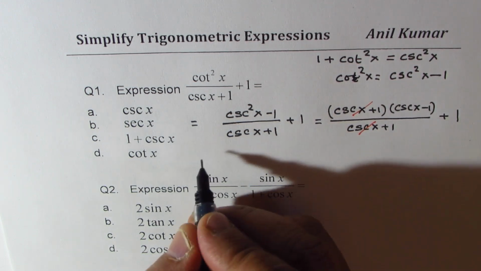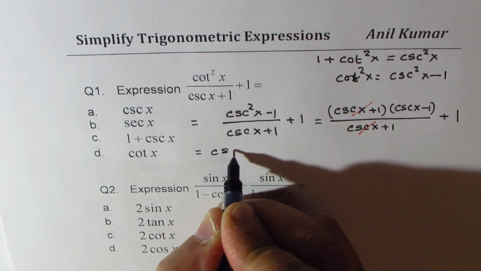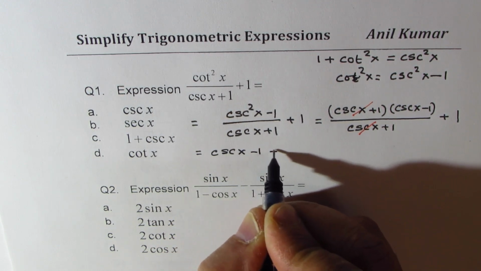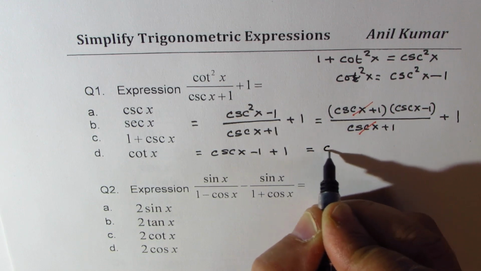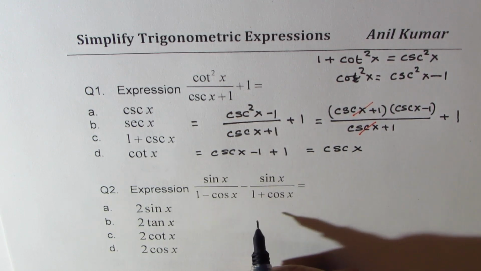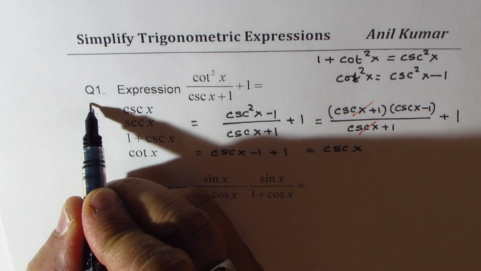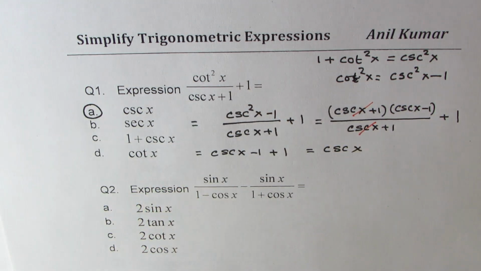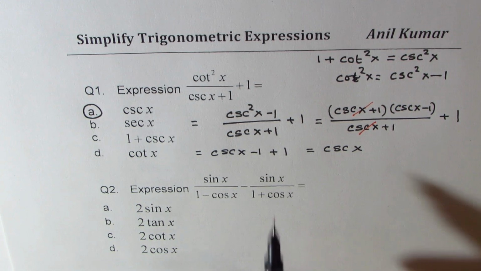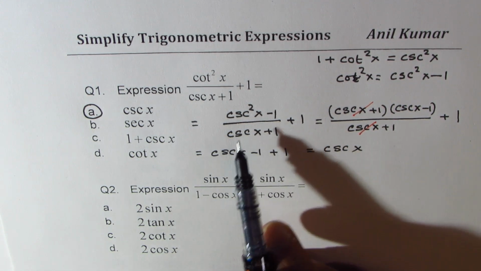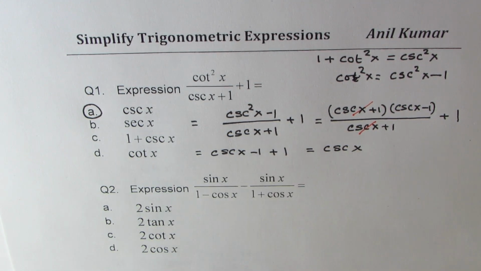What remains is cosecant x minus 1 plus 1, and that gives you cosecant x. So my suggestion is that in such questions it is better to simplify rather than guess and check. Alright, so it doesn't take much time, just 3 steps to get the solution.